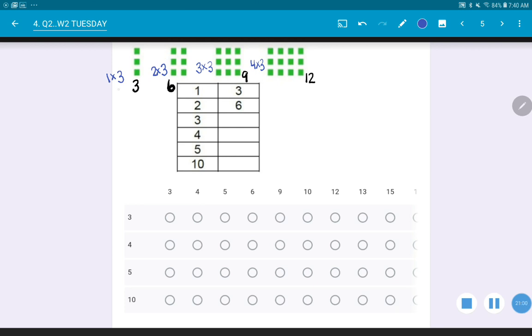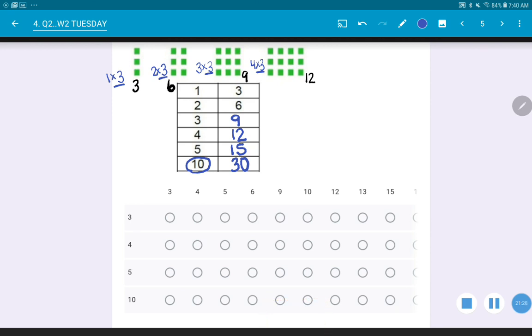So that shows me that the rule is I'm multiplying by 3 each time. 1 times 3 is 3, 2 times 3 is 6, 3 times 3 is 9, 4 times 3 is 12, 5 times 3 is 15. Now if I skip down to 10 and did 10 times 3, that would equal 30.